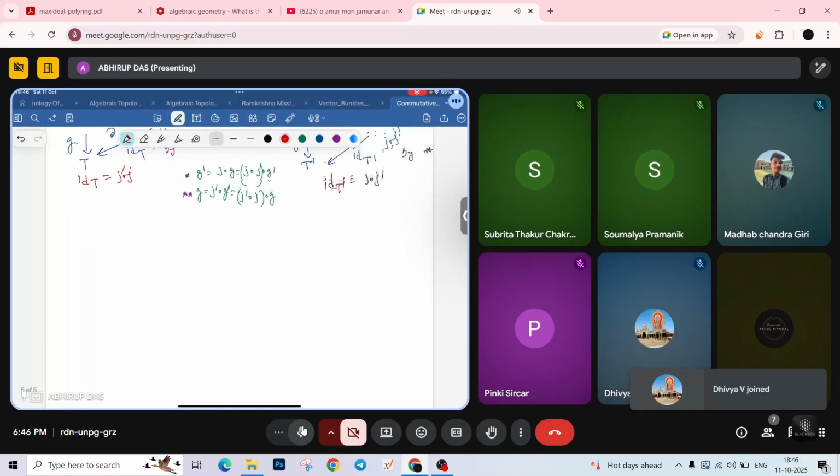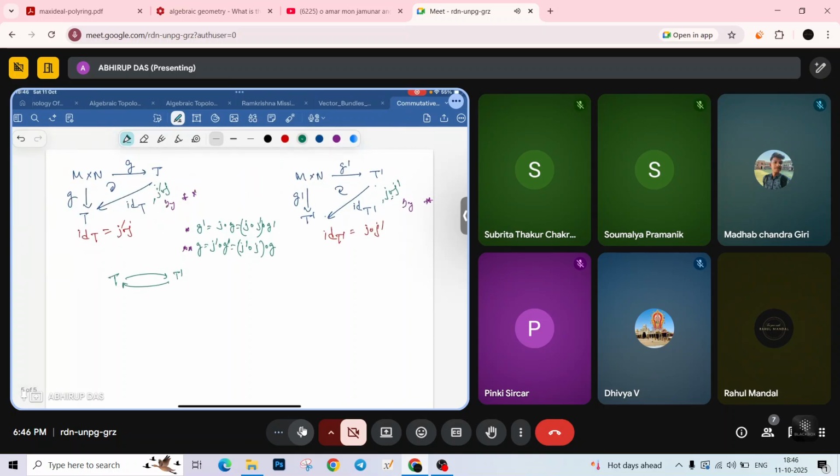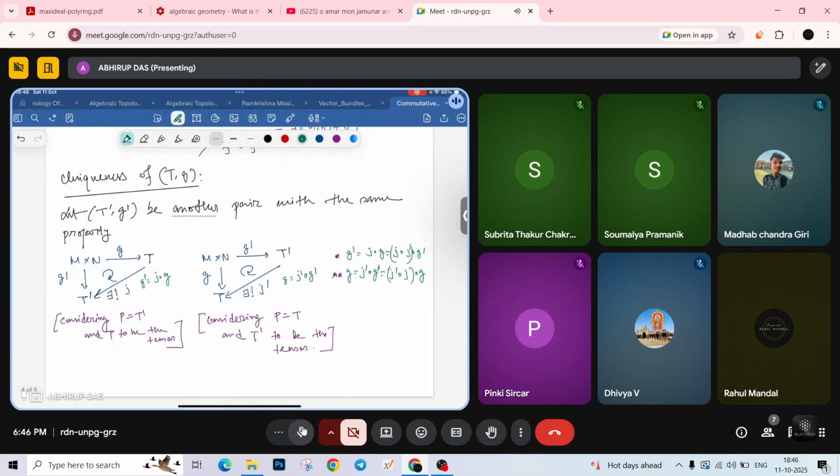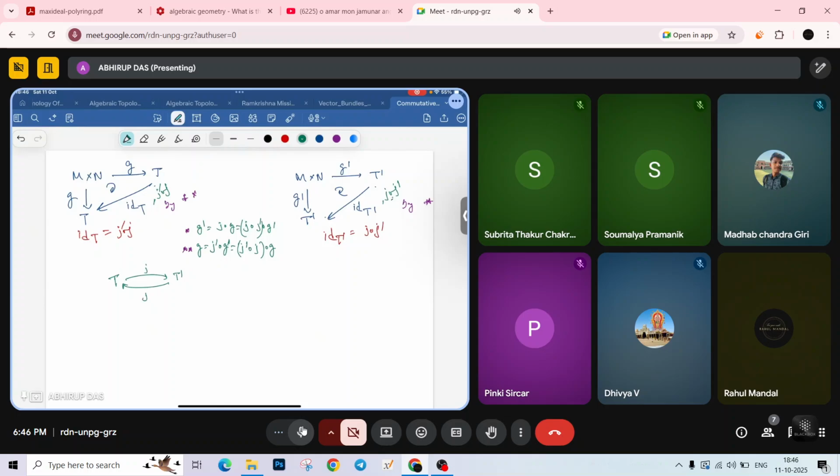So unique up to unique isomorphism. Okay, we have established it. From T to T prime, the map was probably J, right?